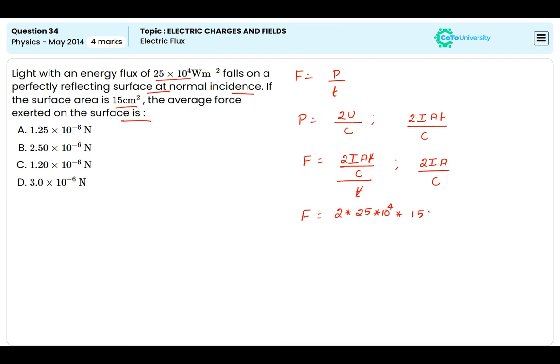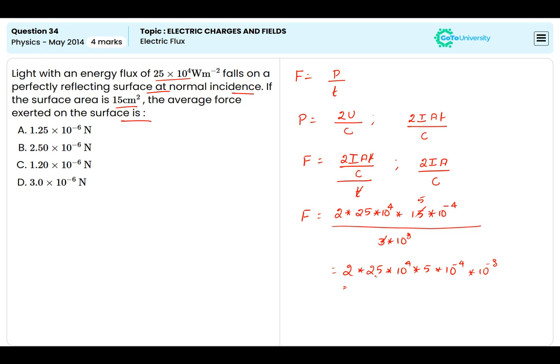Centimeter square we convert as meter square, 15 into 10 to the power of minus 4, whole divided by C, that is 3 into 10 to the power of 8. 3 goes into 15 five times. 10 to the power of 8 I will take to the numerator: 2 into 25 into 10 to the power of 4 into 5 into 10 to the power of minus 4 into 10 to the power of minus 8.